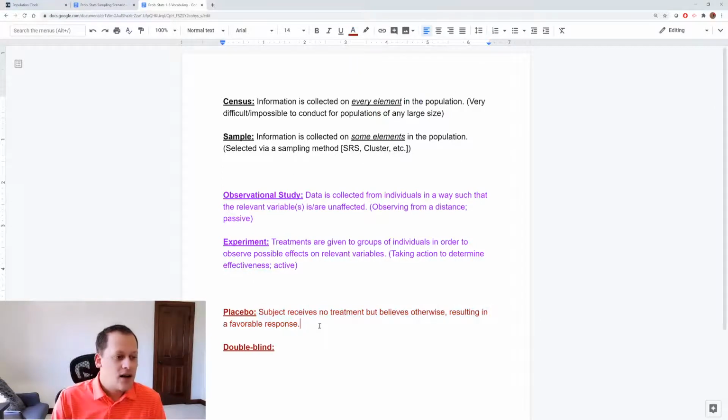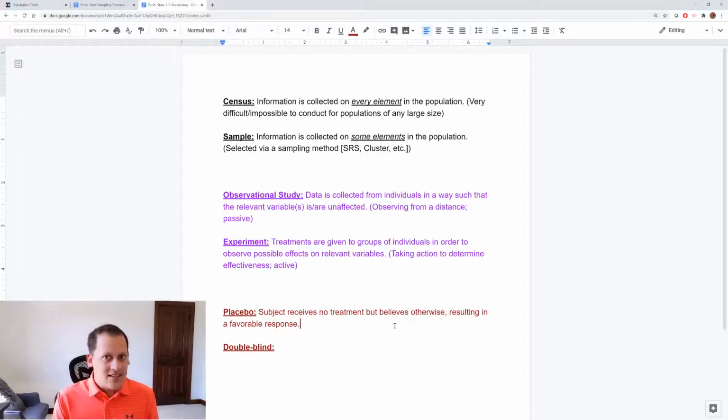Specifically, it's where a subject receives no treatment. So maybe they take a pill, but the pill has no active ingredients. It doesn't do anything. But they don't know that. The group getting the placebo would not be getting told, hey, this pill is pointless, take it anyway. They're going to think that it's the experimental weight loss drug.